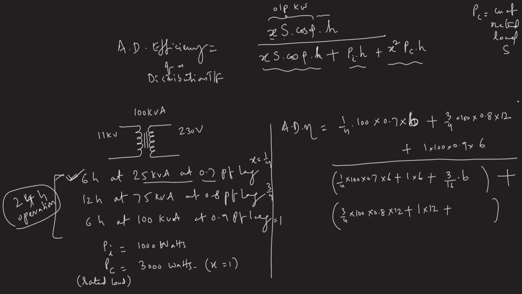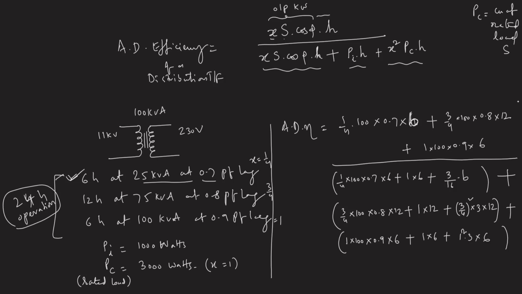Now it is 3 by 4th load, so 3 by 4 square times PC, that is 3 kilowatt, multiplied by 12 hours, plus the last 6 hours, that is 1 into 100 into 0.9 into 6, plus core losses 1 into 6, copper losses 1 square into 3 into 6.